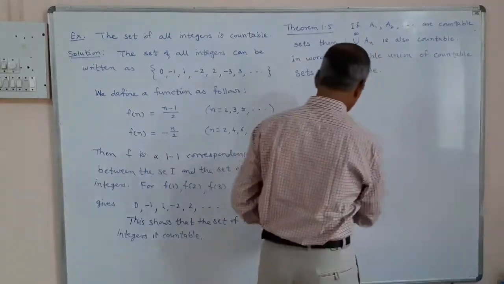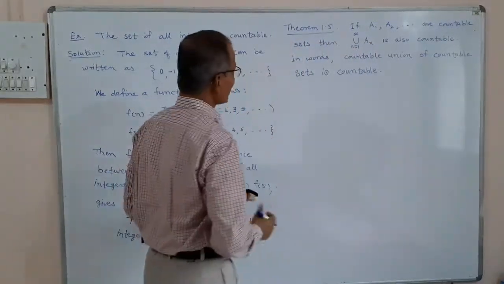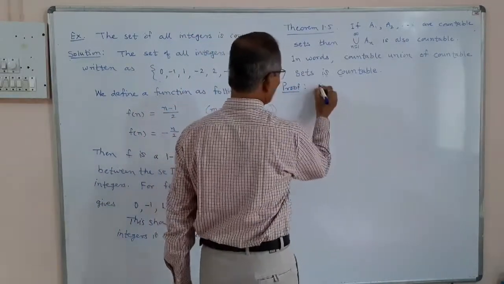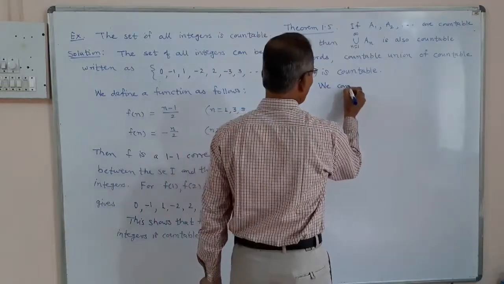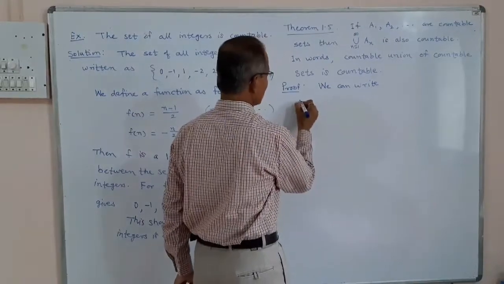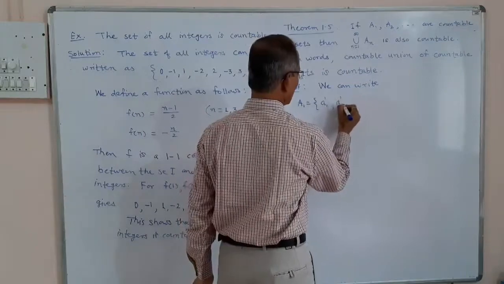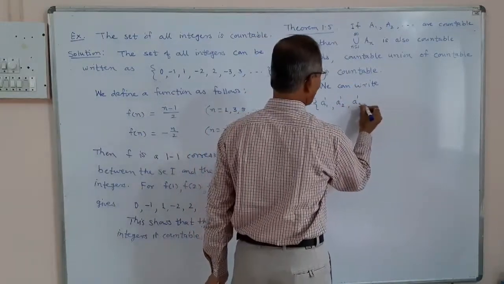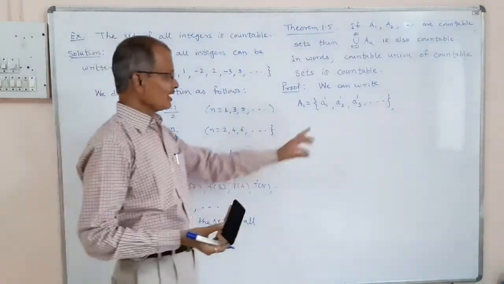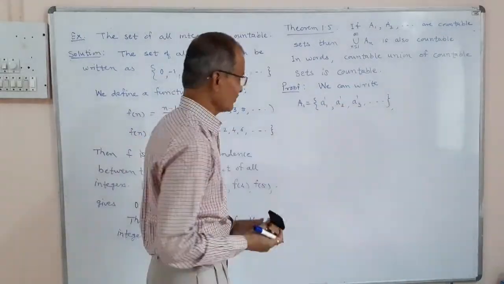Now we shall prove the result. We only have to show how to count the elements of this union. For the proof, let us write the elements of A1 as A11, A12, A13 and so on. This is labeling: first set first element, first set second element, first set third element.